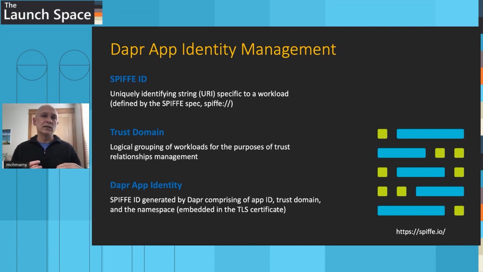That identity is actually encoded into the TLS certificate. So there's no new way you have to look into; Dapr automatically packages the SPIFFE ID into the TLS certificate and decodes it on the other end, so that policy can be simple and plain to write. SPIFFE is quickly growing in popularity.